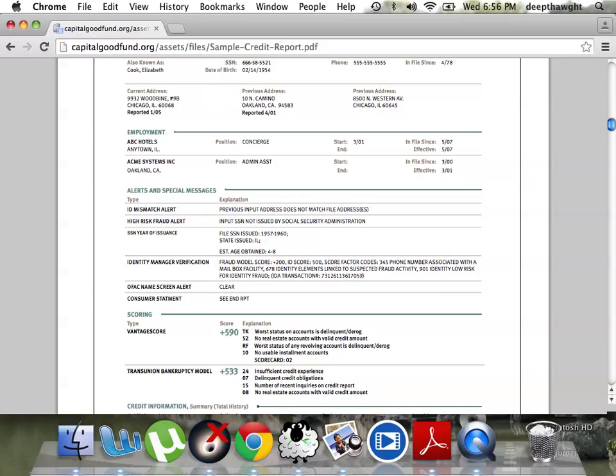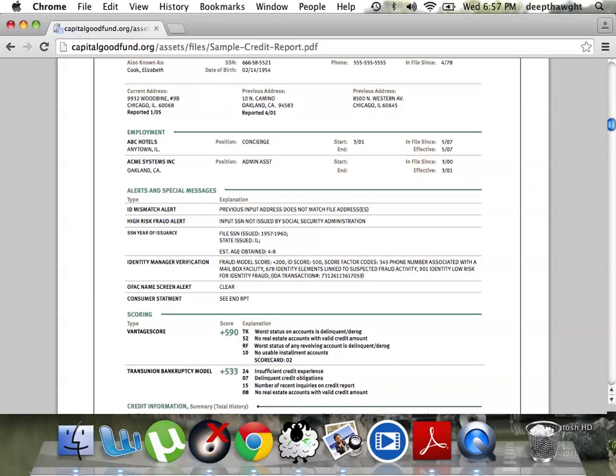So 345, phone number associated with a mailbox facility. Basically, this customer is not using their regular address, and their phone number is linked to possibly a UPS store or a post office box, which is not an address that they like to see for U.S. persons or U.S. citizens.